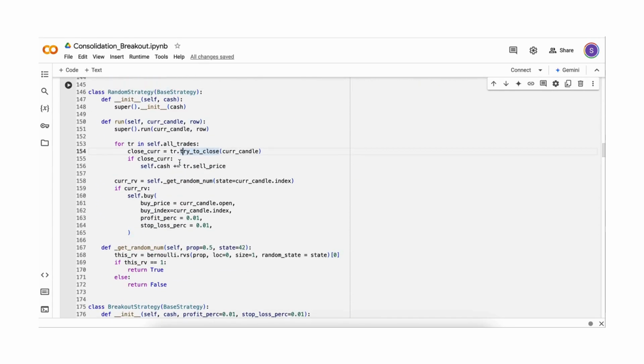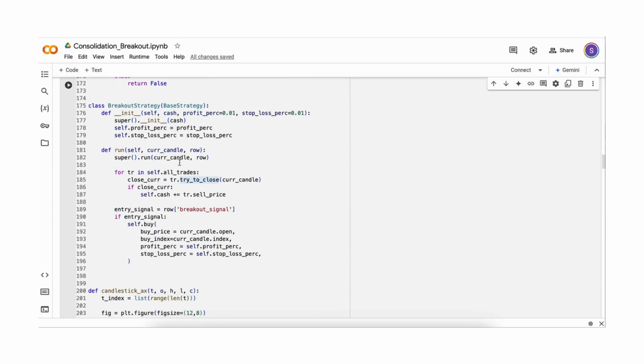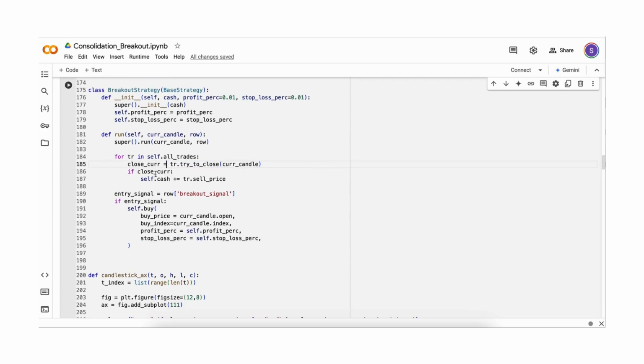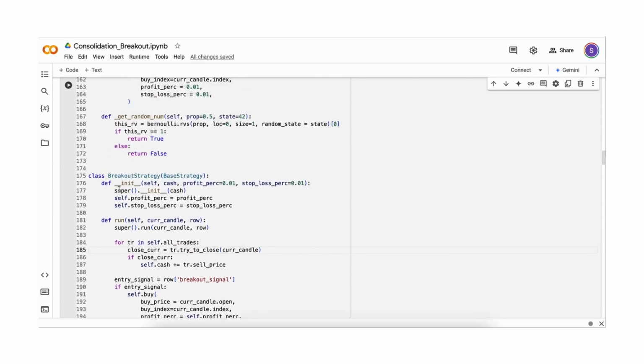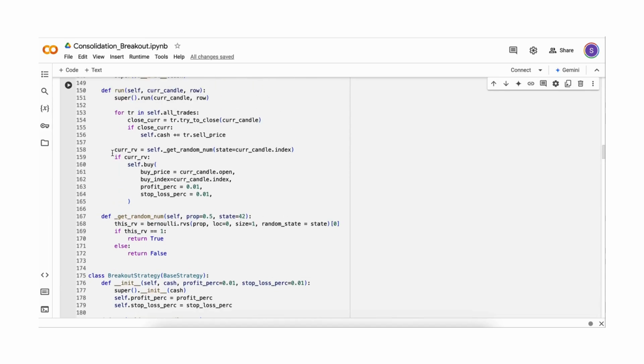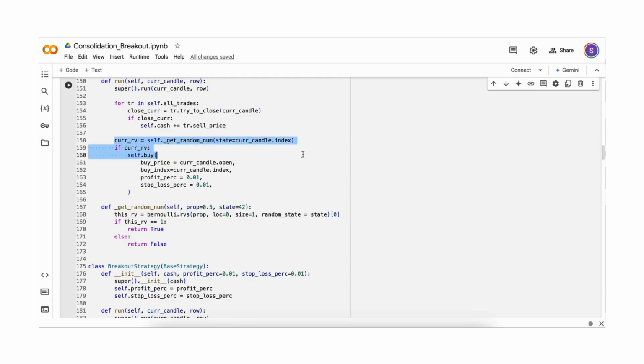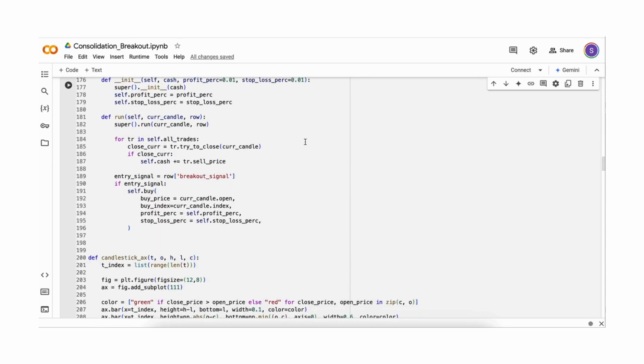So with that being said, let's think about what the breakout strategy does. The breakout strategy has a different entry condition. In the random strategy, our entry condition was whether the random number is 1 or 0. In the breakout strategy, the entry signal is whether the breakout signal is true.